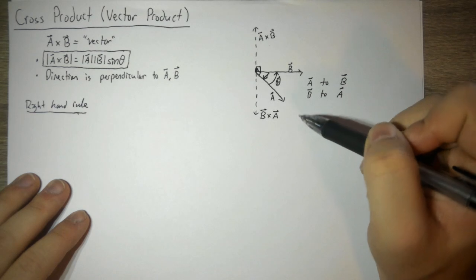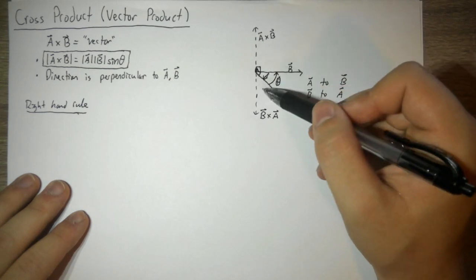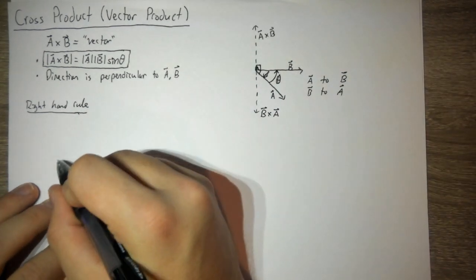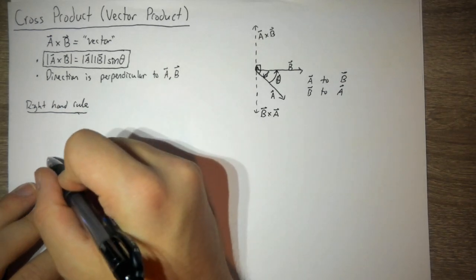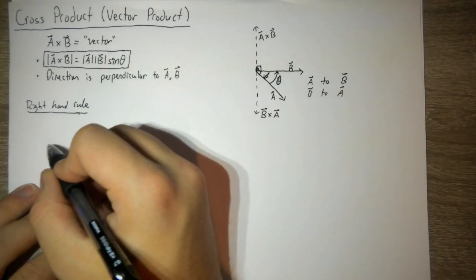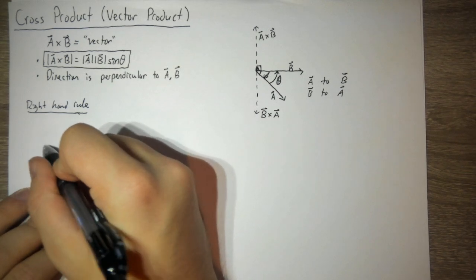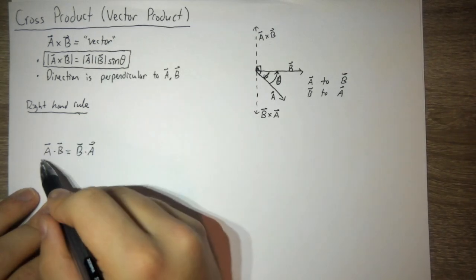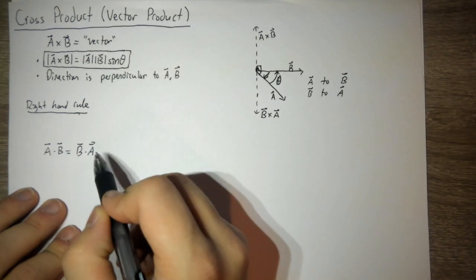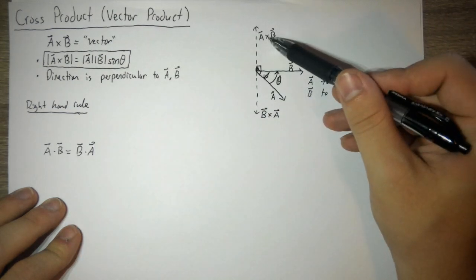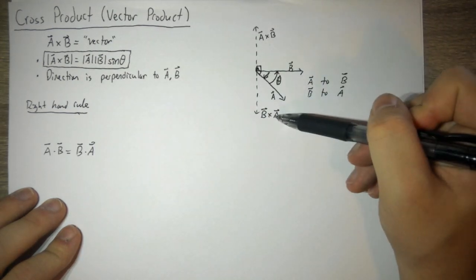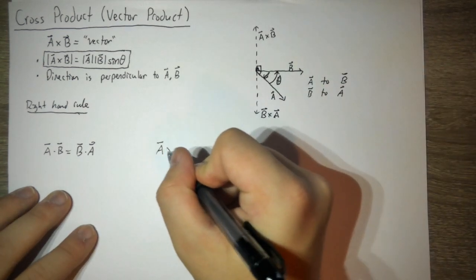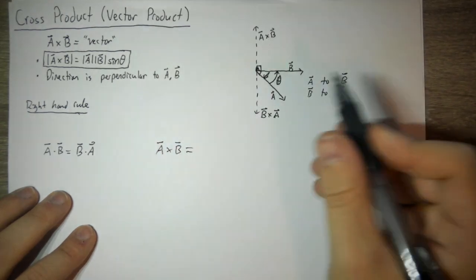So let's look at these two different vectors for a moment. Remember our dot product was commutative. We're going to look at some properties of the cross product now. The dot product was commutative, meaning that A dot B is the same as B dot A. In this case, A cross B and B cross A are not the same. They're opposite.